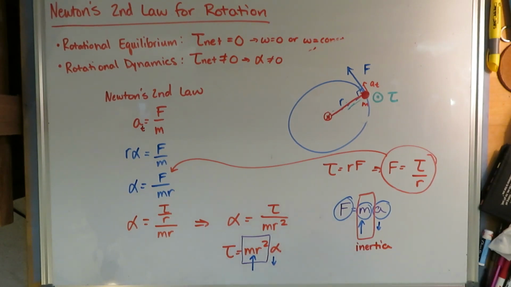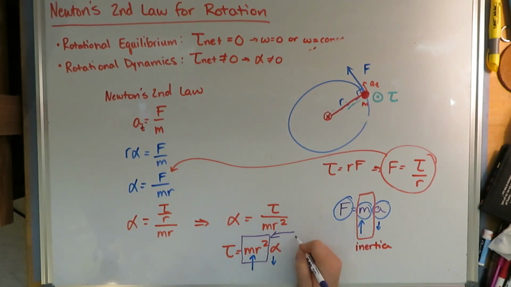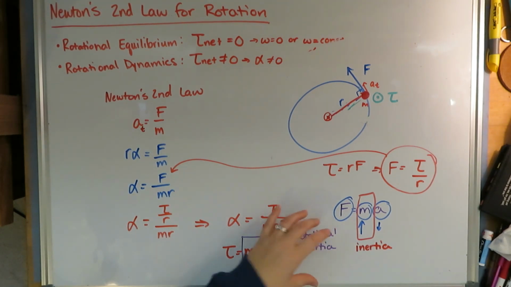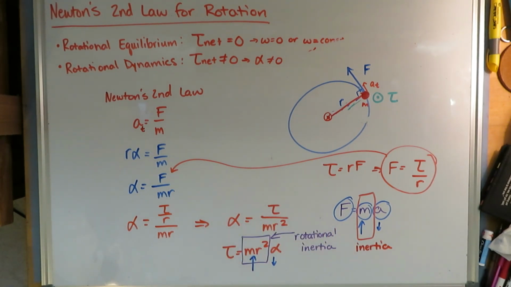Well, this guy right here is also inertia, but this is rotational inertia. It is the inertia that supplies resistance to angular acceleration. So if you apply a torque, then depending on the amount of rotational inertia, you're going to get a larger or smaller amount of angular acceleration from that torque.